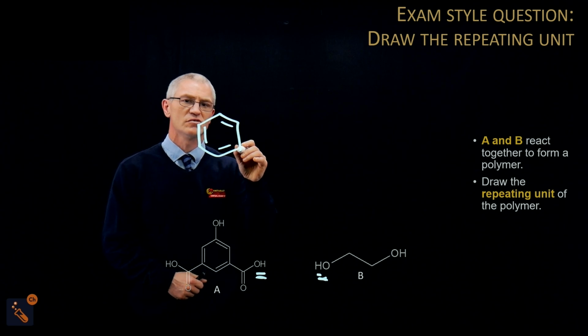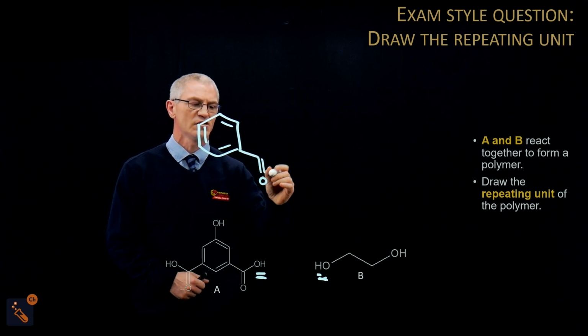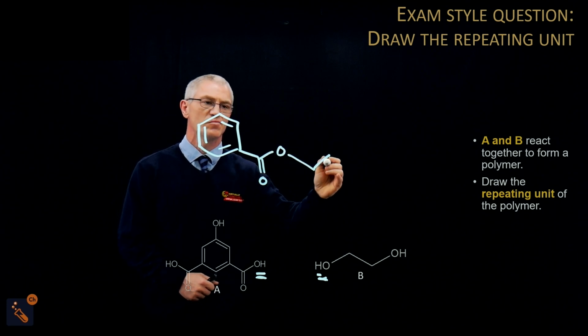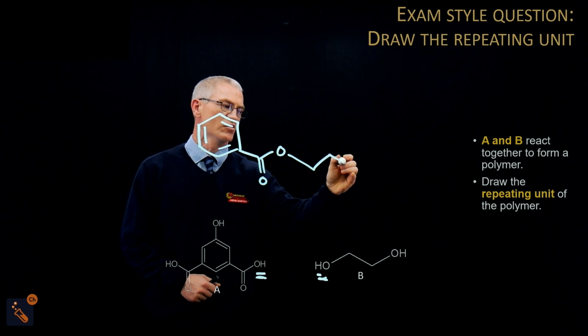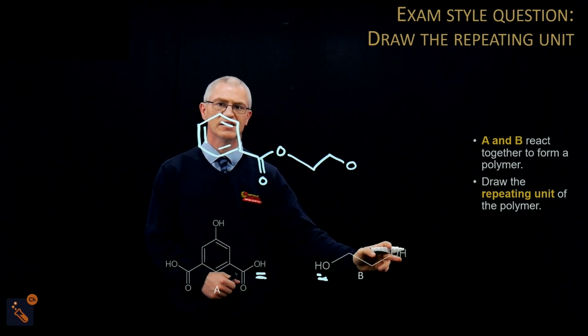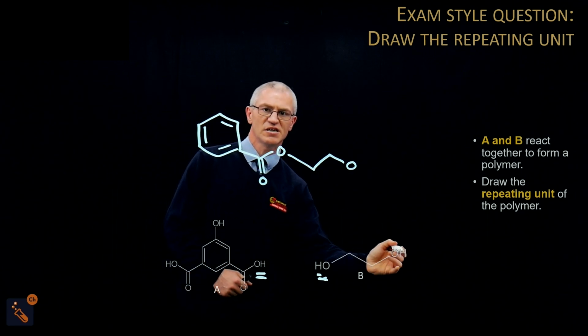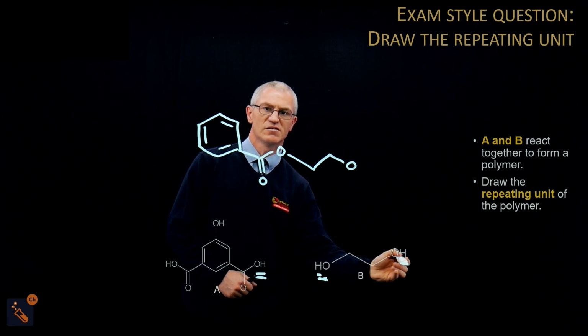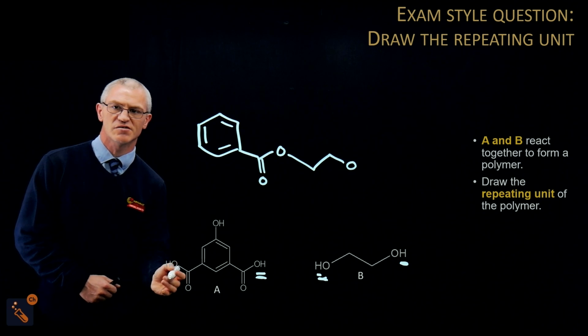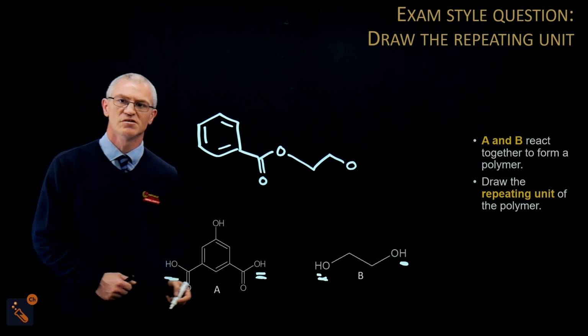So all we do is draw it again. There's our O, and then we've got our O from the alcohol up and down, and then back to our O again. Now, at the same time, this H is gone, so this H that you can see right here is going to leave, and this OH that we've got down here is also going to go.